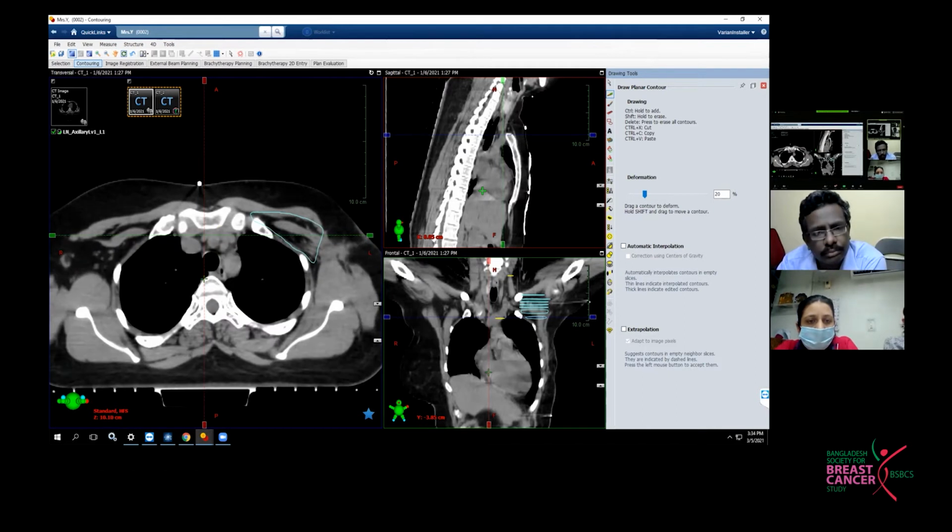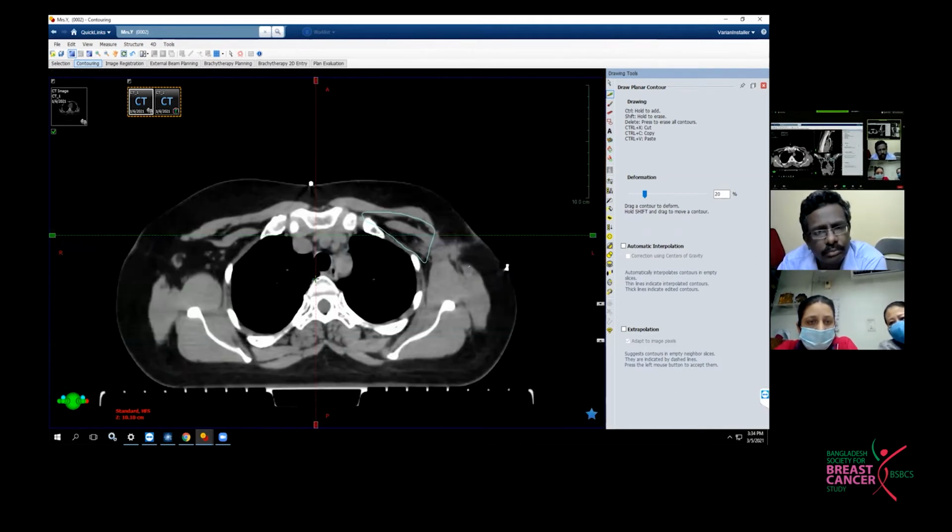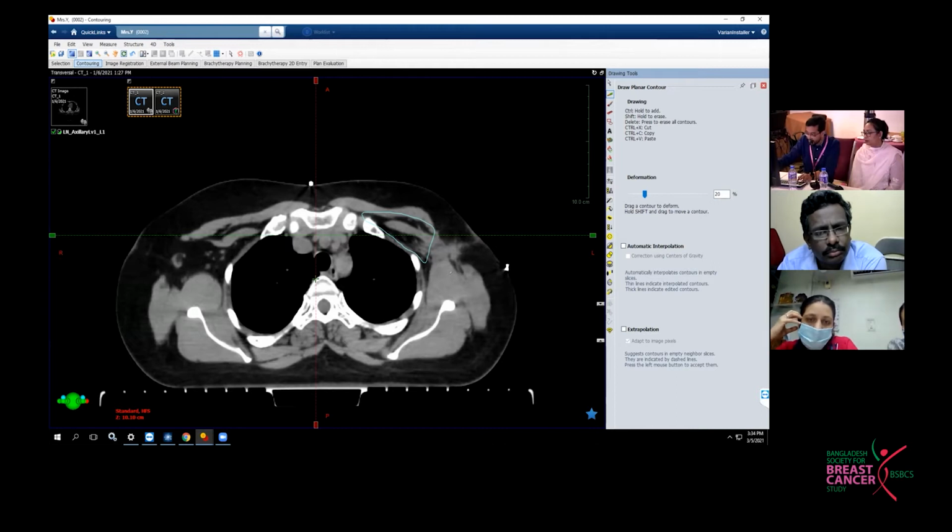So this is the latissimus dorsi muscle, and there is the pectoralis major muscle, and this is the subscapularis. So the anterior border will be the plane defined by the anterior surface of pectoralis major and latissimus dorsi.